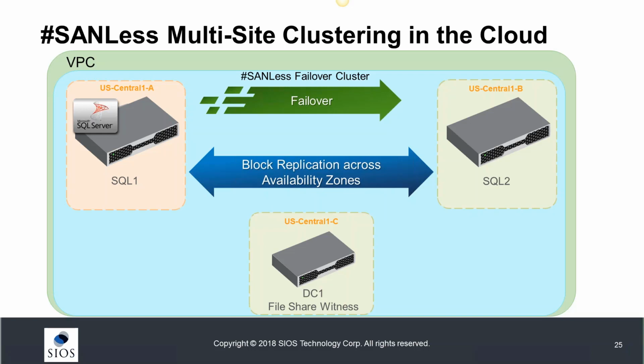The real problem is that public clouds in general, and Google and Microsoft in particular, don't support gratuitous ARPs. So where traditionally you would leverage a virtual IP address that moves between cluster nodes, that by itself is not a workable solution. So in the Google Cloud Platform, I'm going to walk you through the steps.